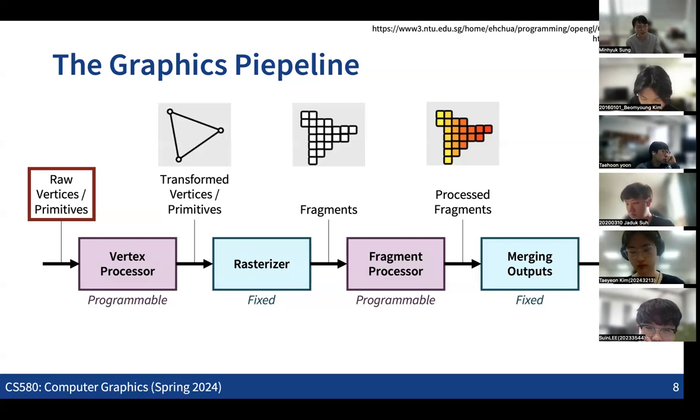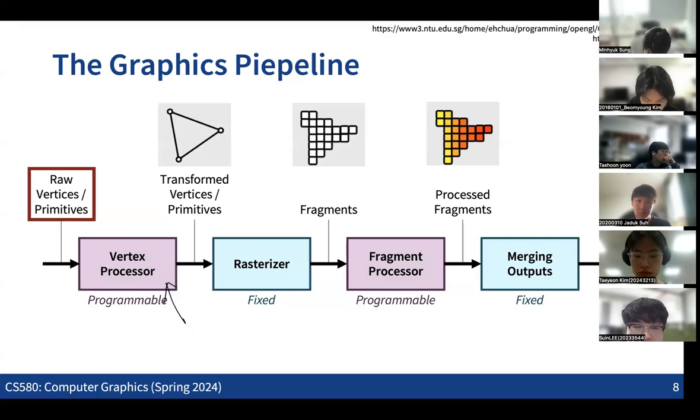We have the vertex shader language and the shader language for fragment processing as well. But there are typical ways to implement these two components. Especially for today, we are going to focus on how we need to implement this vertex processor, and then we're also going to see how the rasterizer works in the OpenGL pipeline.